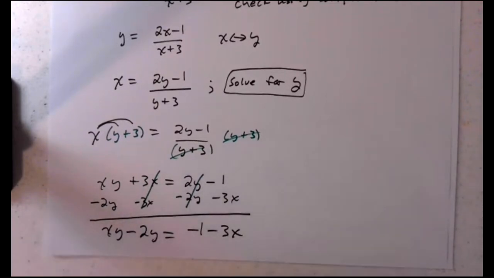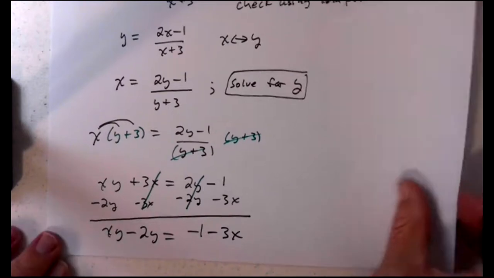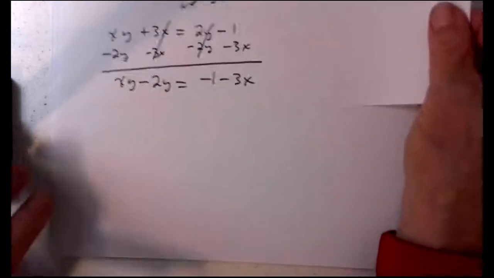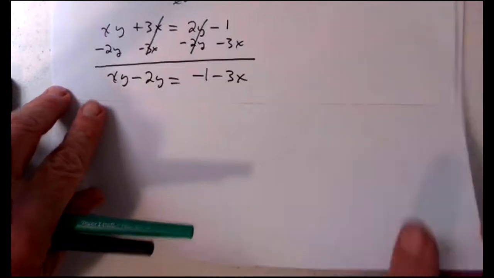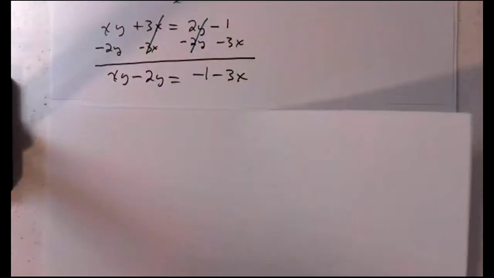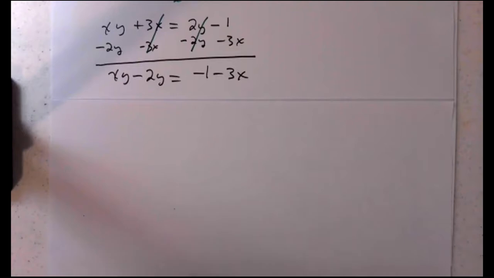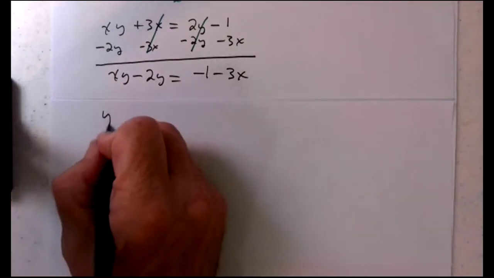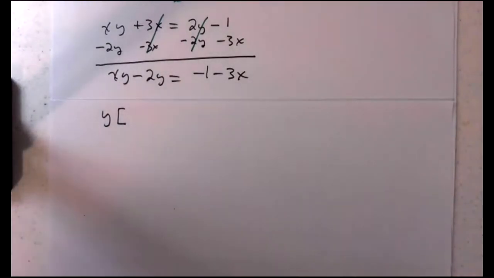And again, there is another way you can do this, but I think this is probably the way most students would do it as you're learning this for the first time. Okay, the goal again is to solve for y. So right now I have xy minus 2y equals -1 minus 3x. To solve for y, I'm going to factor a y out of the left side.